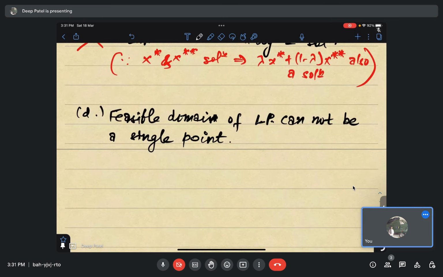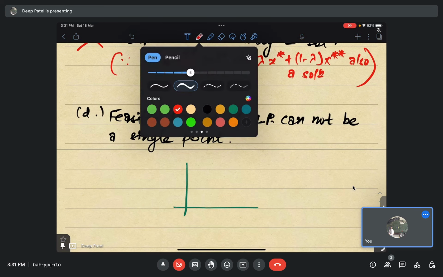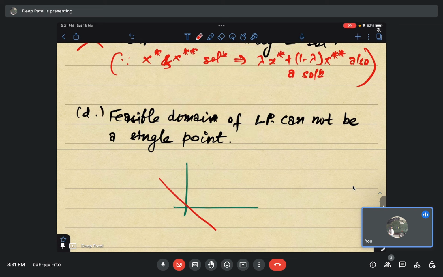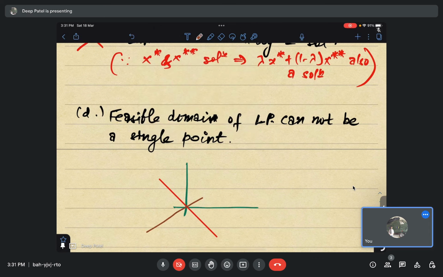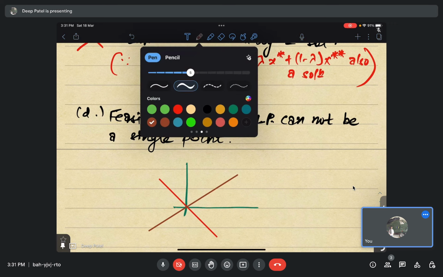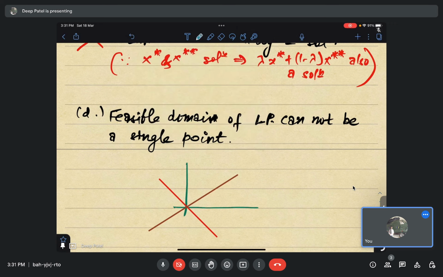Just to draw a cartoon, for example, we can have one constraint that is like this, some other constraint that looks like this, and let's say this is the orthant I need to be in.